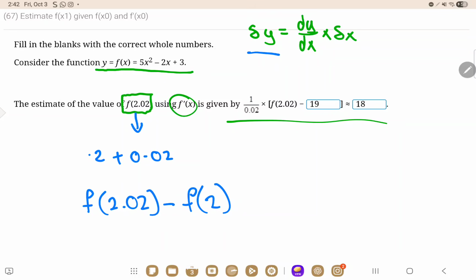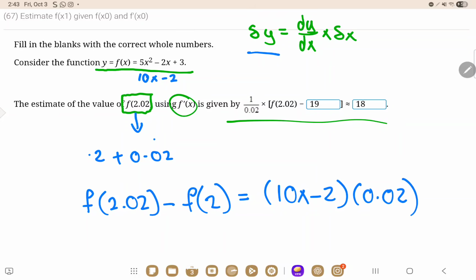So the function at 2.02 minus f at 2 is equal to the derivative, which we find to be 10x minus 2. And what's the small change in x? Sometimes they tell you the small change, but if they don't, you can infer that it's this number. 0.02 is very insignificant. So times 0.02.